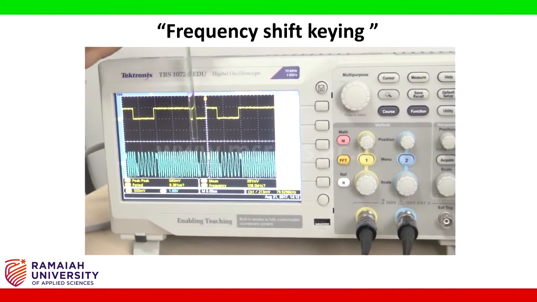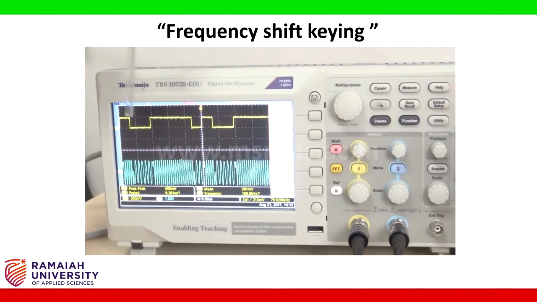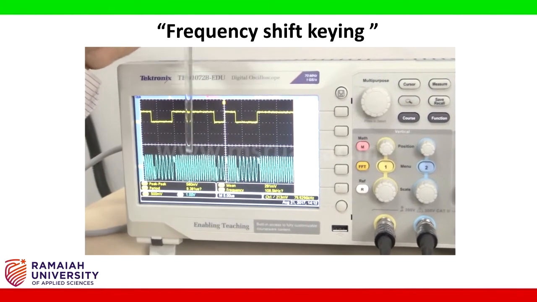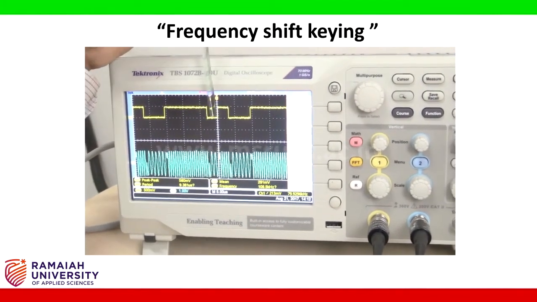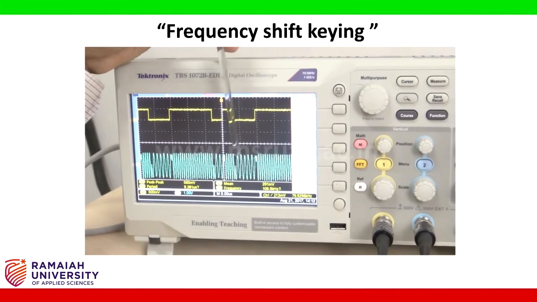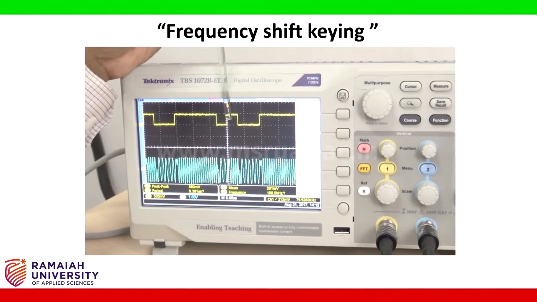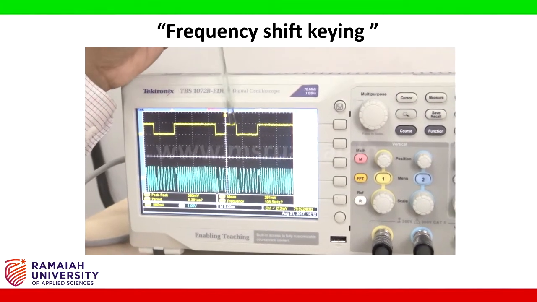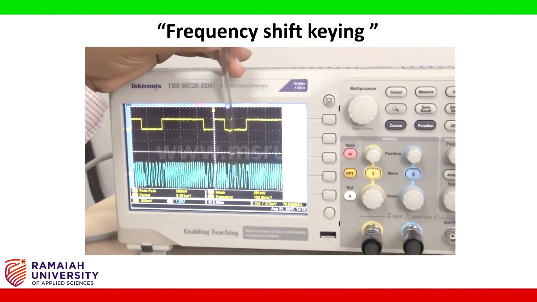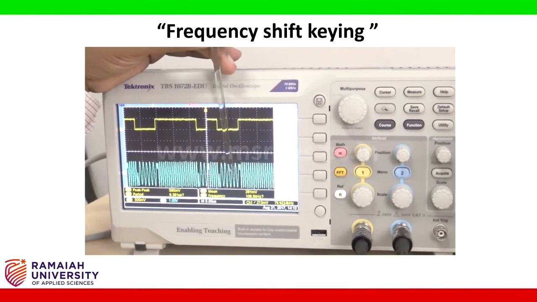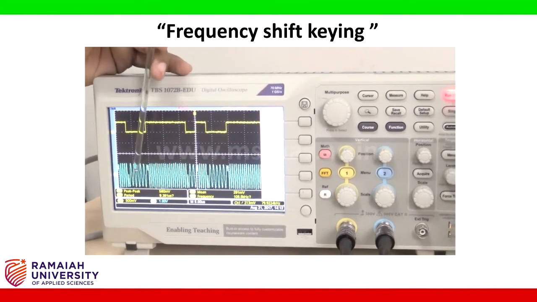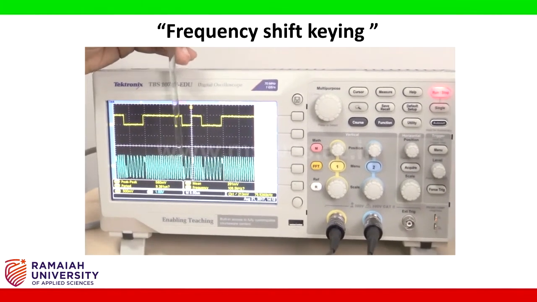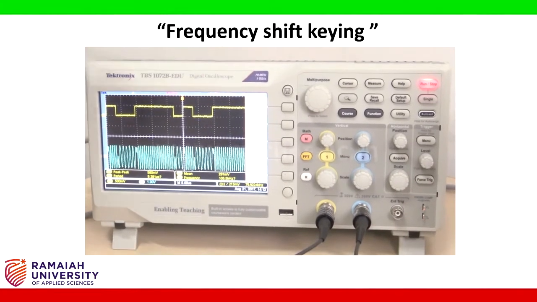Frequency shift keying says that there are two frequencies, one for the logic high and one for the logic low, that we can observe in this waveform. This is the frequency shift key modulated signal.